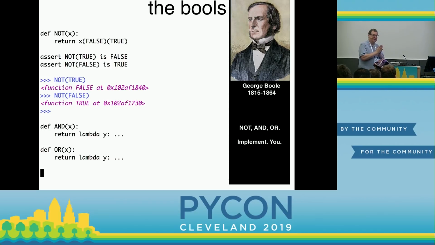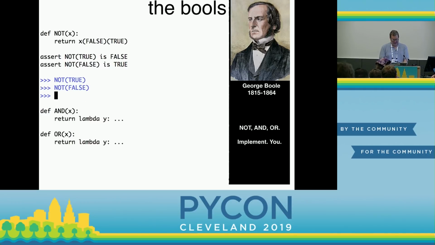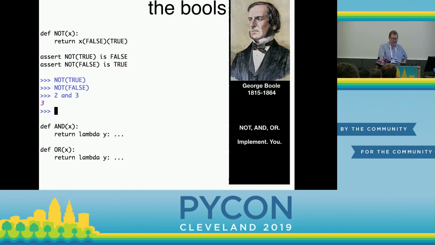I'm going to give you a little hint. One hint here is to understand how Python does ands and ors. If I were to say 2 and 3 in Python, keep in mind this is not allowed in our system because we have no numbers, but we're just talking about Python here. What does that return? That returns 3.